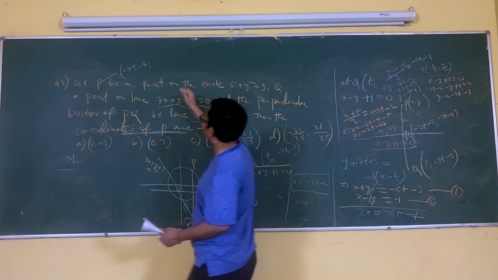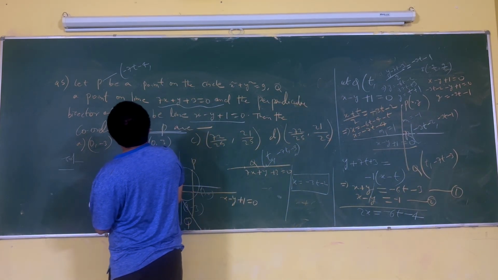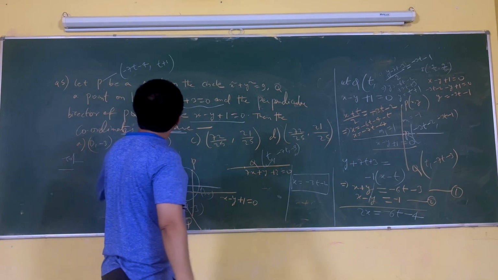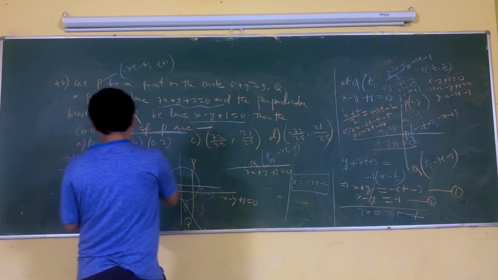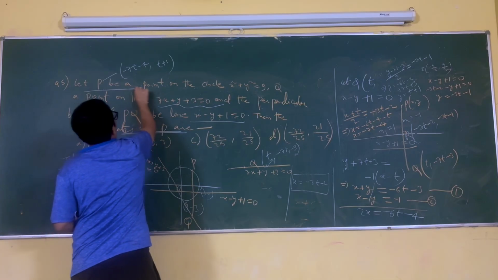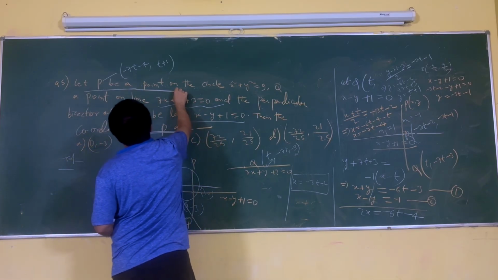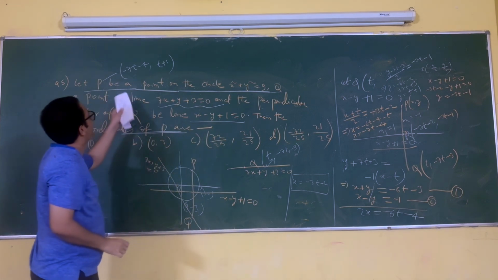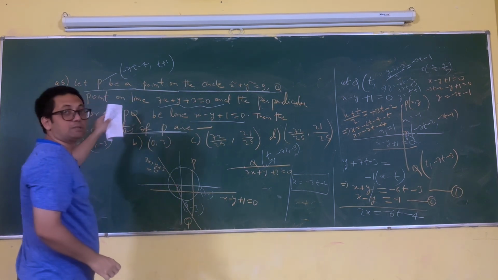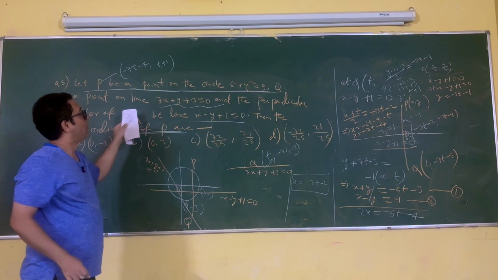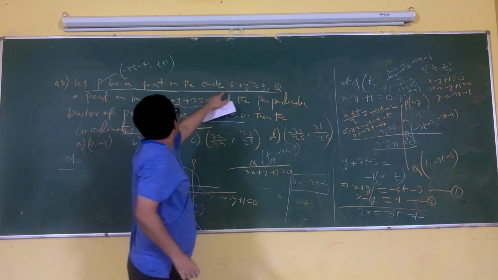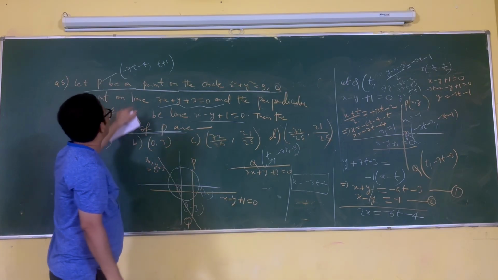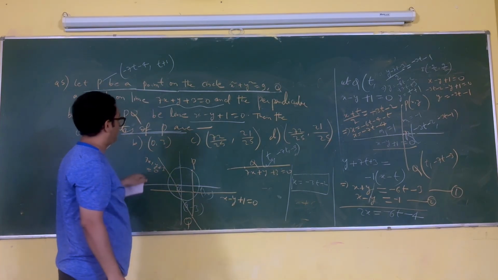So y we got is t plus 1. Now this point, what is given here? Point P is a point on the circle. So this point is lying on the circle. It means that we can put this value in place of x, this value in place of y, and we will get the value of t and then the value of P. That would be our answer.